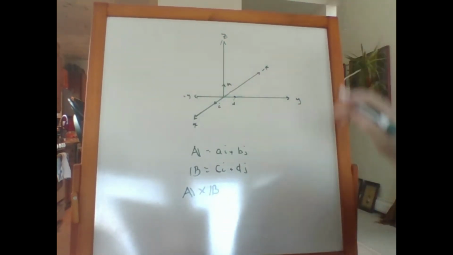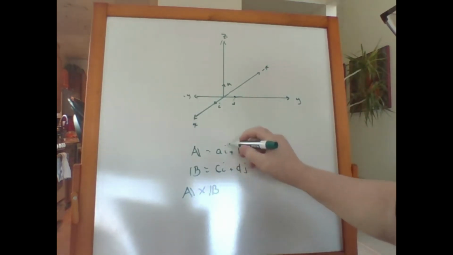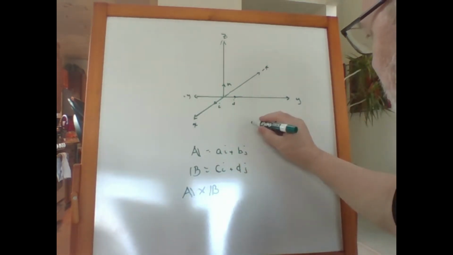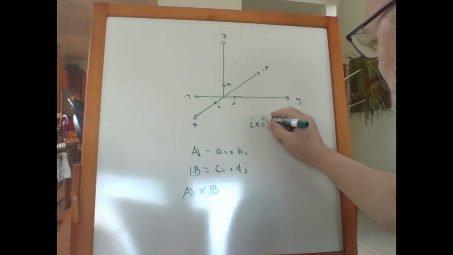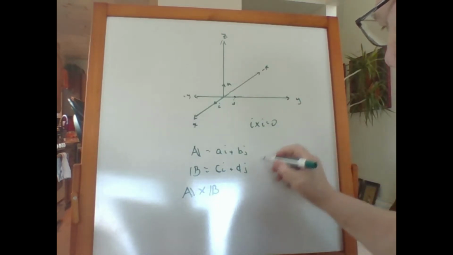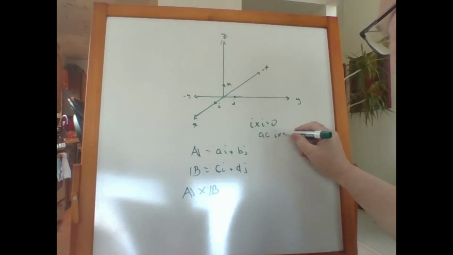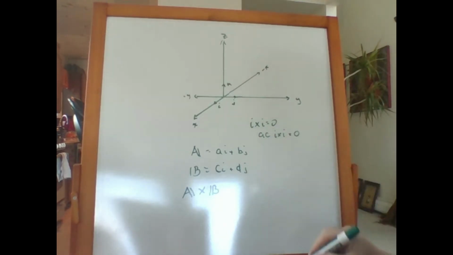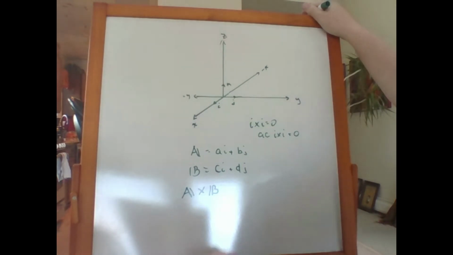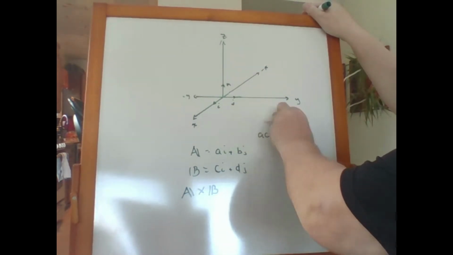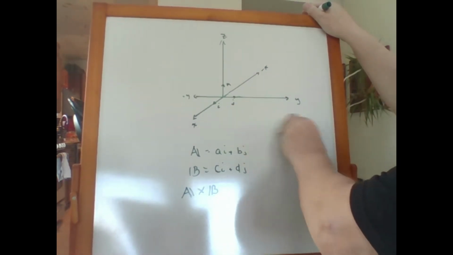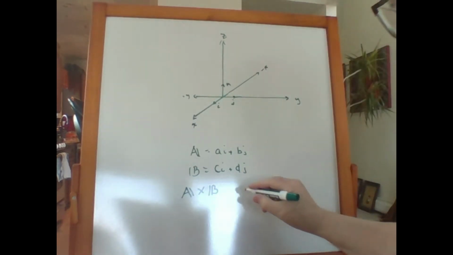Here, the similar i cross i equals 0. So ac, i cross i equals 0. The same, similar vector components yield 0.